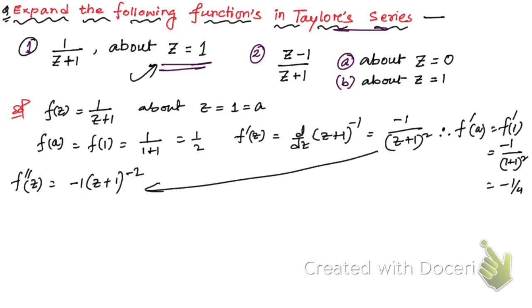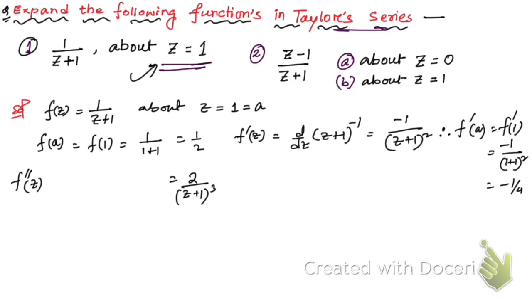If you differentiate it again with respect to z, then you're going to have minus 1 into minus 2, that's going to be plus 2, z plus 1 to the power minus 2 minus 1, that's going to be minus 3, which can be written as z plus 1 whole to the power 3, right? So hope you have understood this. So we have got f double dash of z, right?